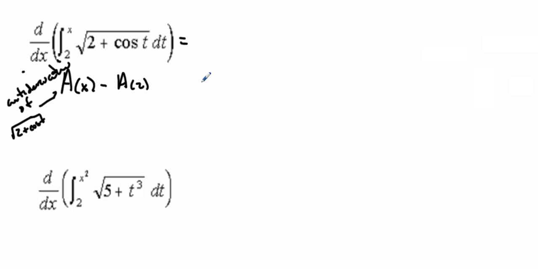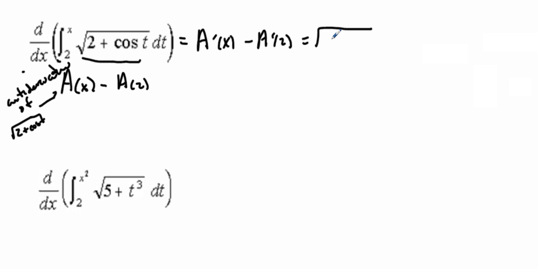And we have this. So I'm now going to take the derivative of this. So what we have when we do that is going to be A prime of x minus A prime of 2. And I'll simplify this to be, well, the derivative of the antiderivative equals the function inside. So we're going to have the square root of 2 plus cosine of t. Oops, not t.